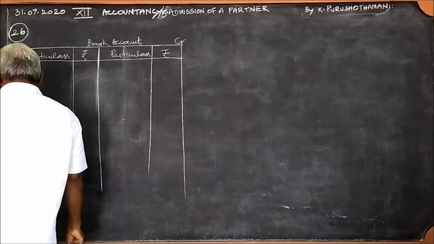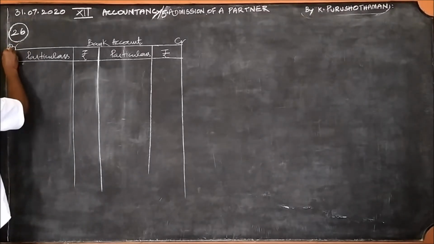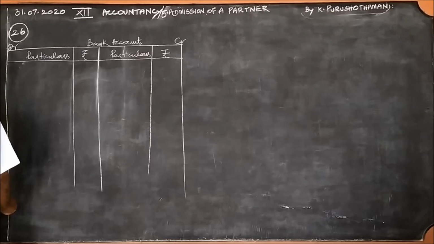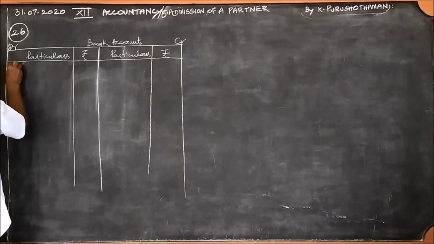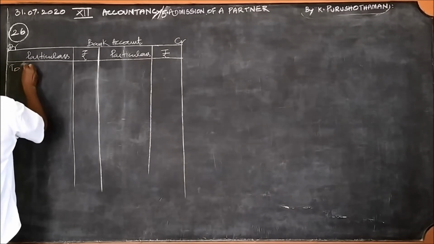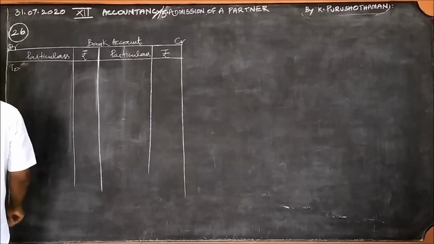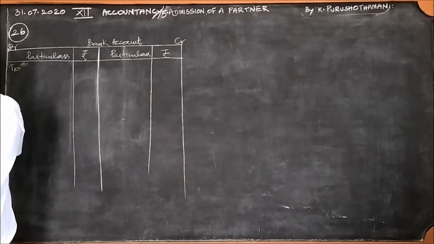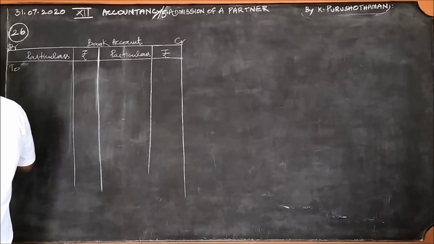What should be written first? To balance brought down must be taken from the balance sheet. What is the bank amount given in the balance sheet?